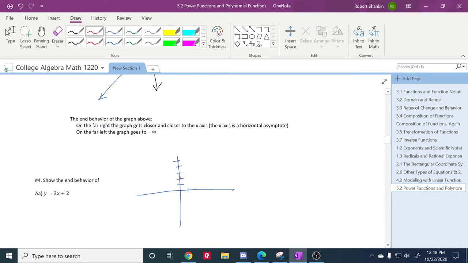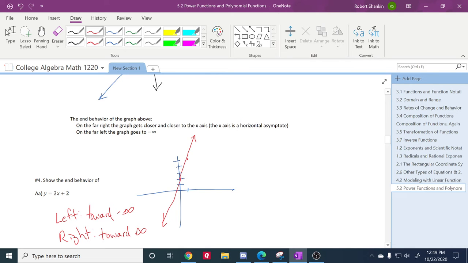Starts here, rises 3, goes to the right 1, and it keeps doing that. So the end behavior, we would say, on the far left, it goes towards negative infinity. On the far right, the end behavior goes towards what height? Toward positive infinity.